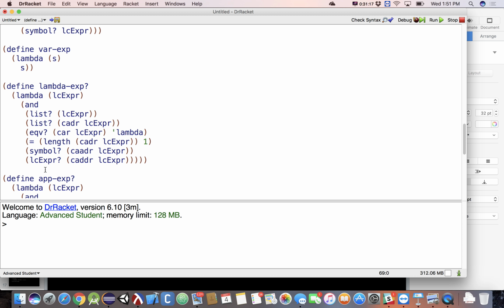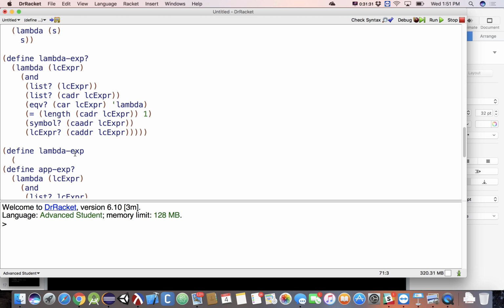Now, if I build the constructor for a lambda expression, what are the parts of a lambda expression? Go ahead. The identifier and the lambda calculus expression. See, now he's rolling with it. Yeah, we have two pieces, two different things that we need in order to accurately build a lambda expression.